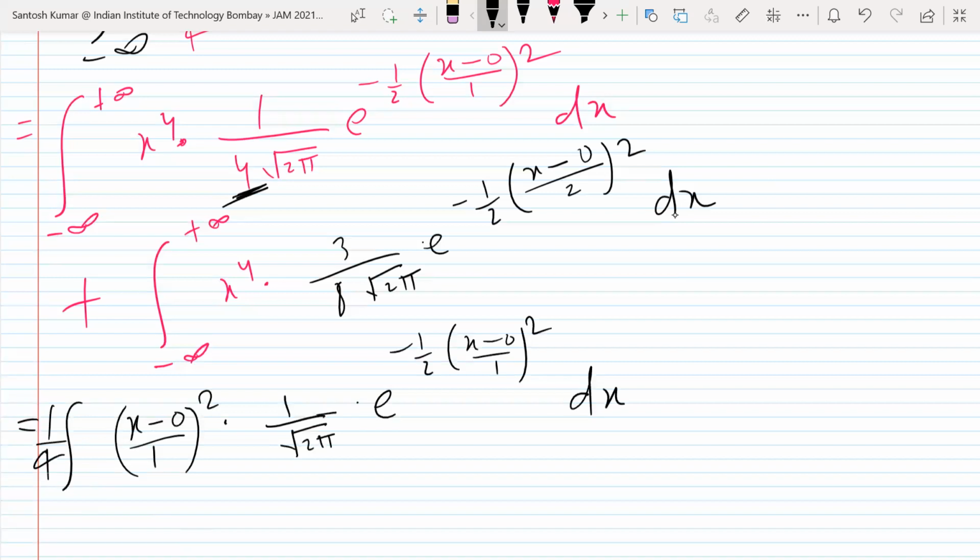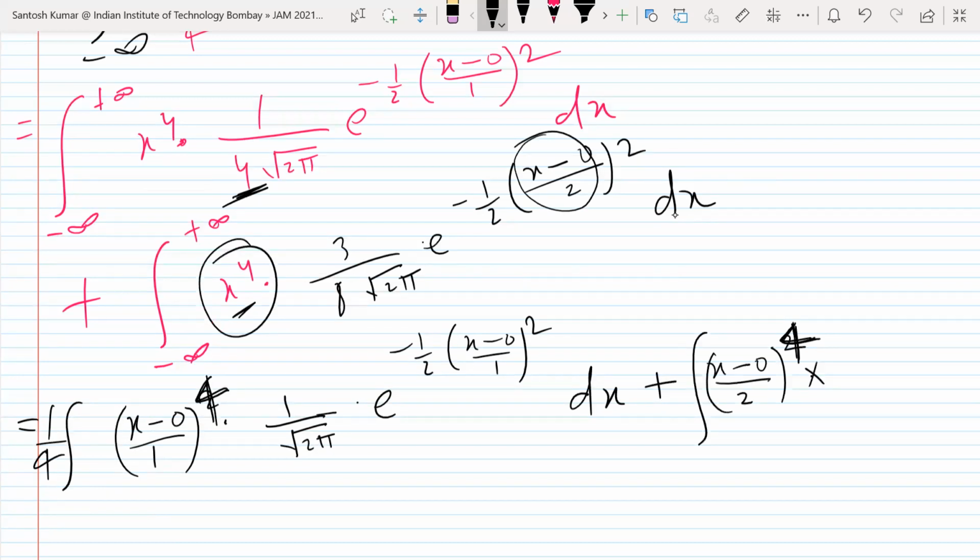Same thing I'm writing, plus. I would like to write the same x into that form. So here is (x minus 0) upon 2, so I would like to write ((x minus 0) upon 2) whole square. Sorry, power 4 now. Power 4 was there, so I have to write power 4. But it was only x^4, so to balance this, I can multiply by 16.